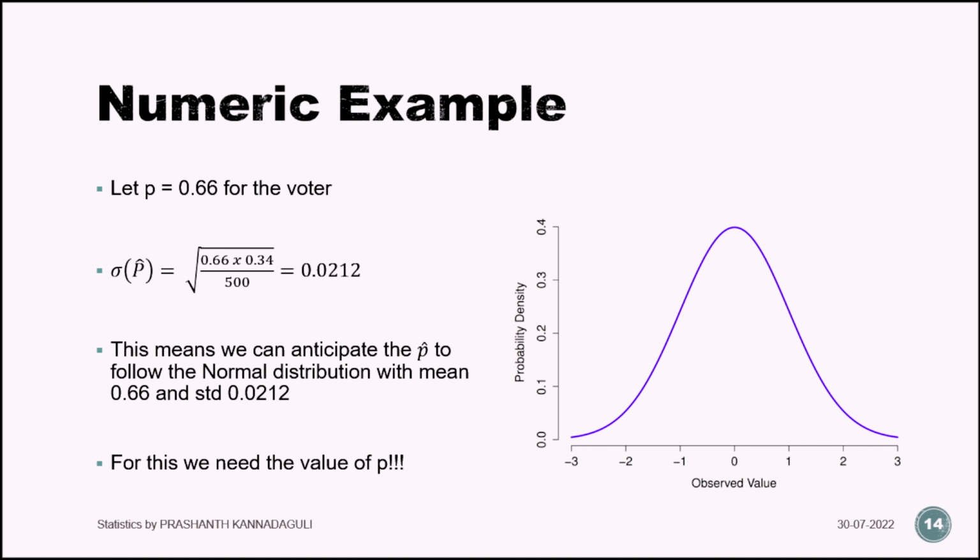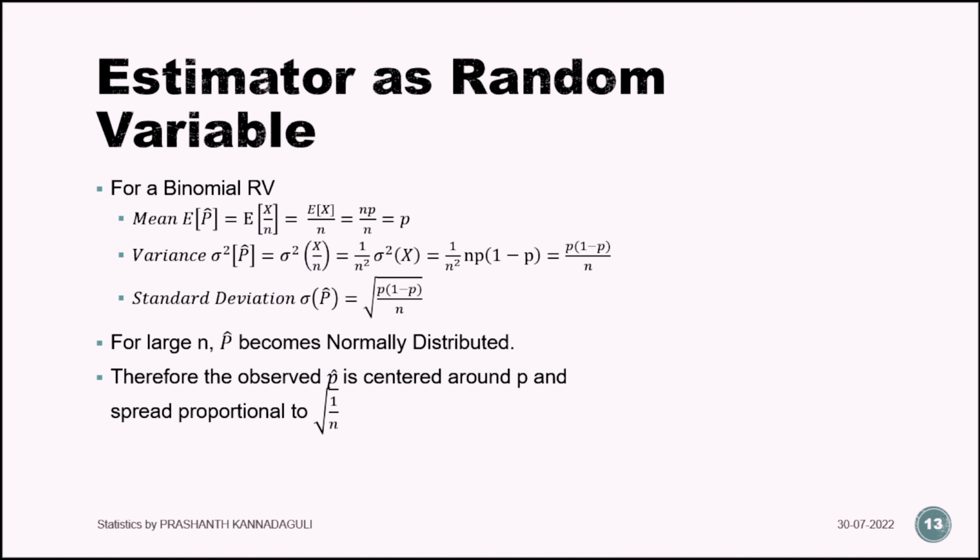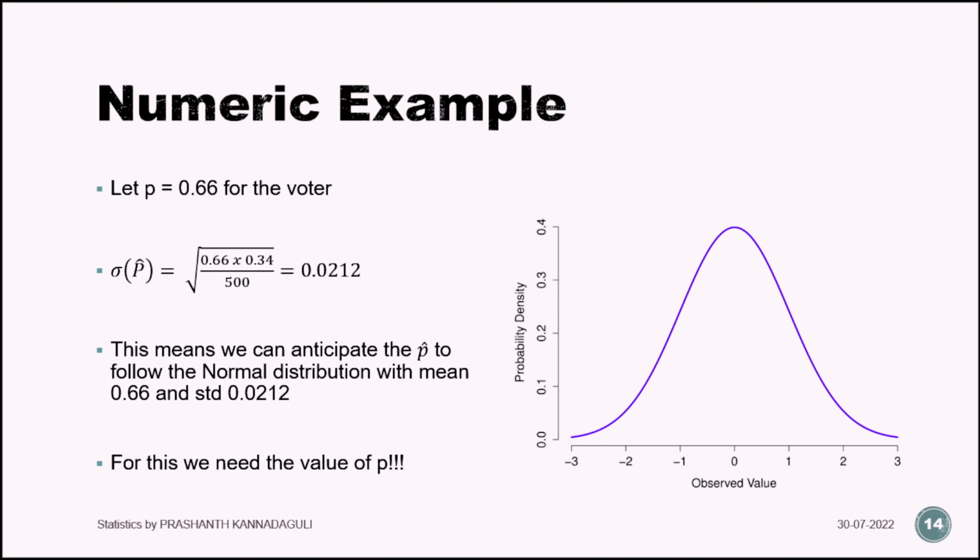Now, using this, I can actually use this equation. The standard deviation can be calculated as sigma p cap equals the square root of p into 1 minus p divided by n. So apply the same thing. P is 0.66, and 1 minus 0.66 is 0.34, divided by the sample size.